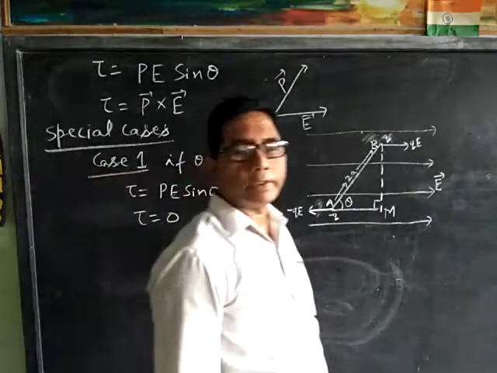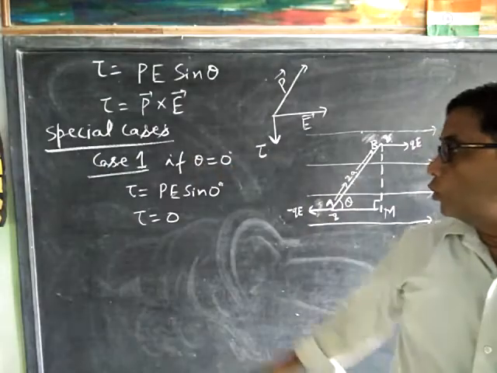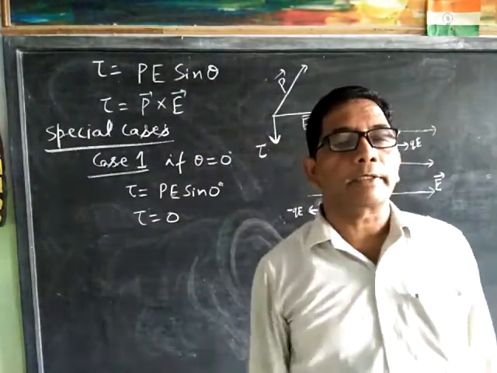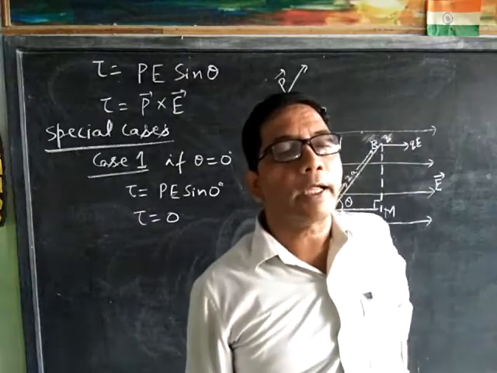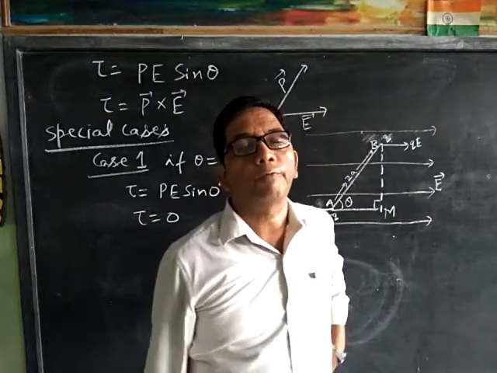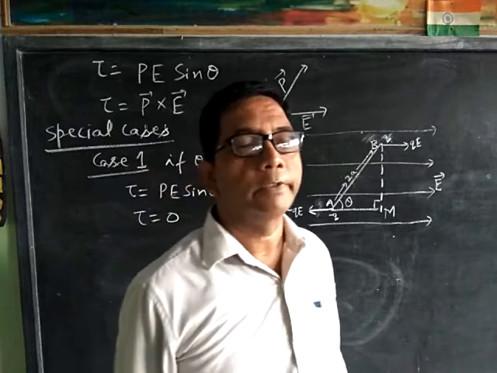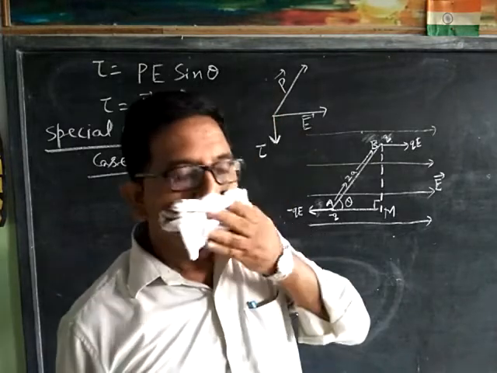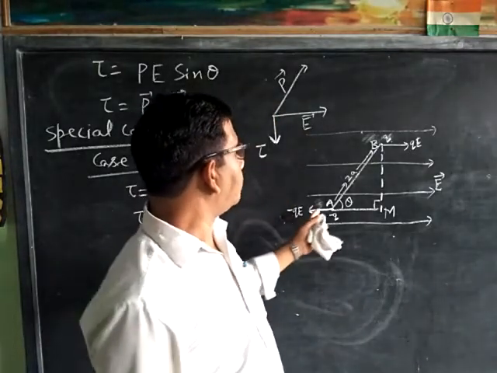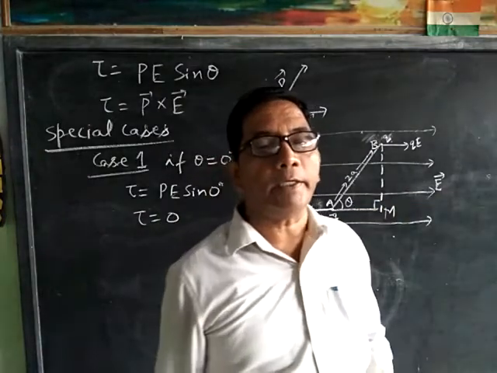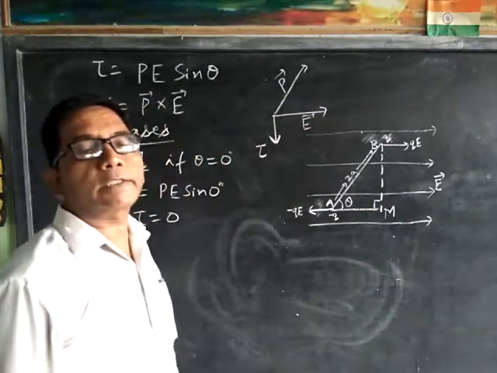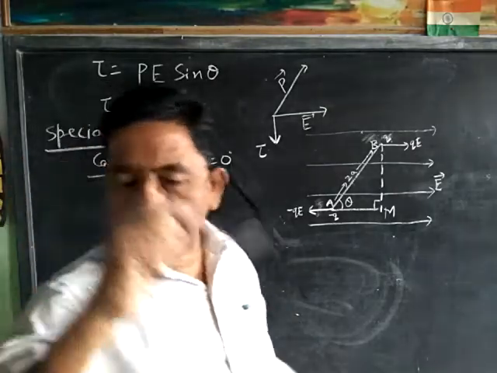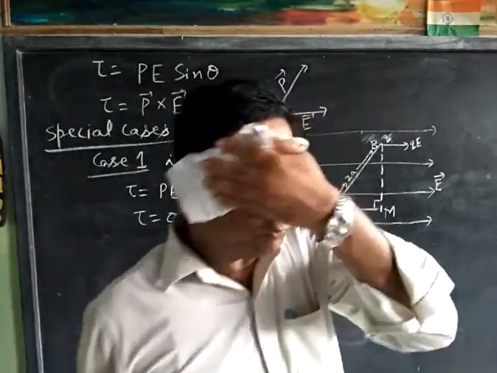Thus no torque acts on the dipole when dipole moment P is parallel to electric field E. Thus the electric dipole is in stable equilibrium.